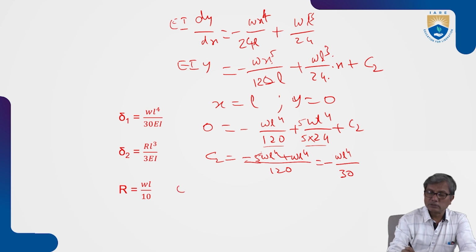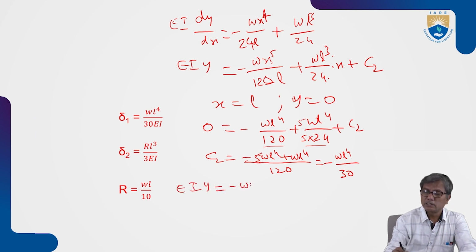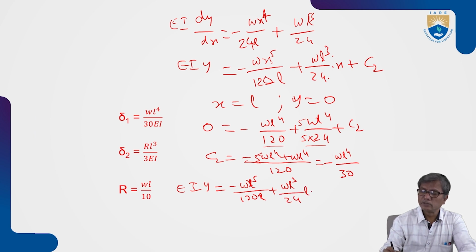So the equation now for y is minus Wx power 5 by 120L plus WL cube by 24L minus WL power 4 by 30. Okay.